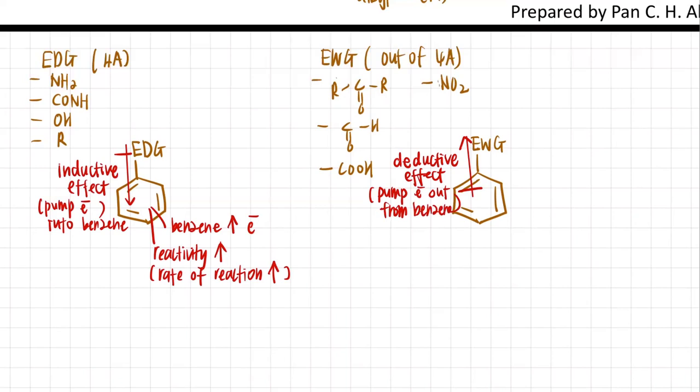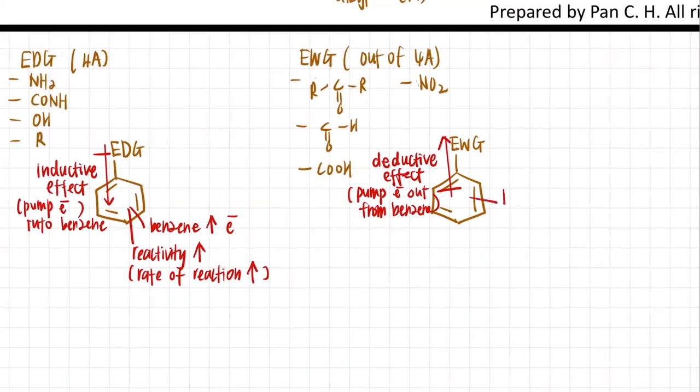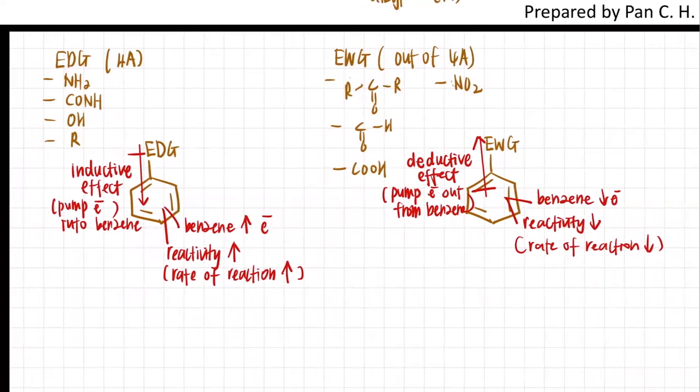We're taking out, taking out, taking out the electrons. So this makes the electron content in the benzene ring decrease, which makes the reactivity decrease, and lastly the rate of reaction decreases.